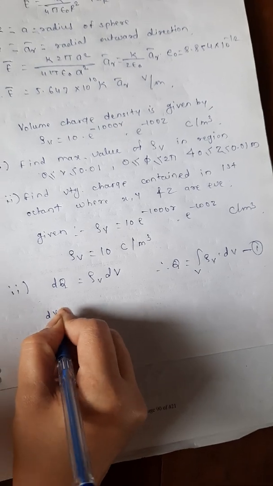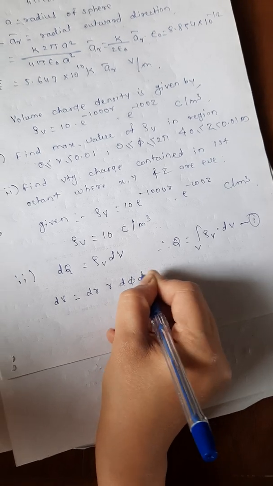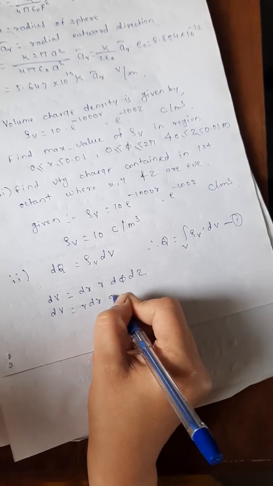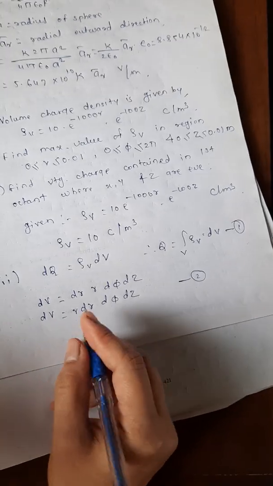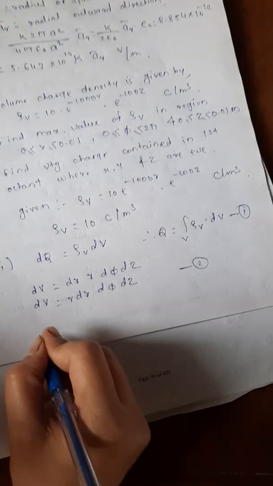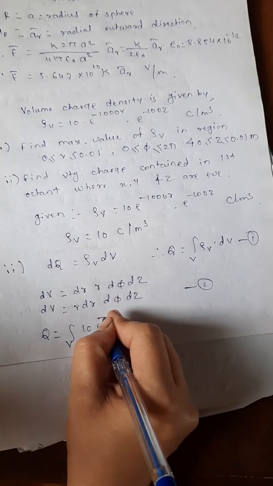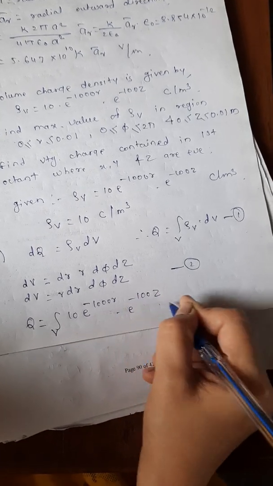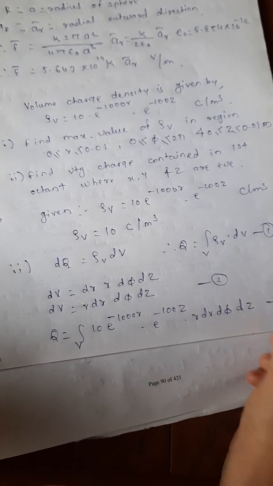So dv is equal to dr r d phi dz, that is r dr d phi dz. This is equation number 2. Now we put the values of rho v and dv in equation number 1. So q is equal to the integration of 10 e raised to minus 1000 r e raised to minus 100 z r dr d phi dz, equation number 3.